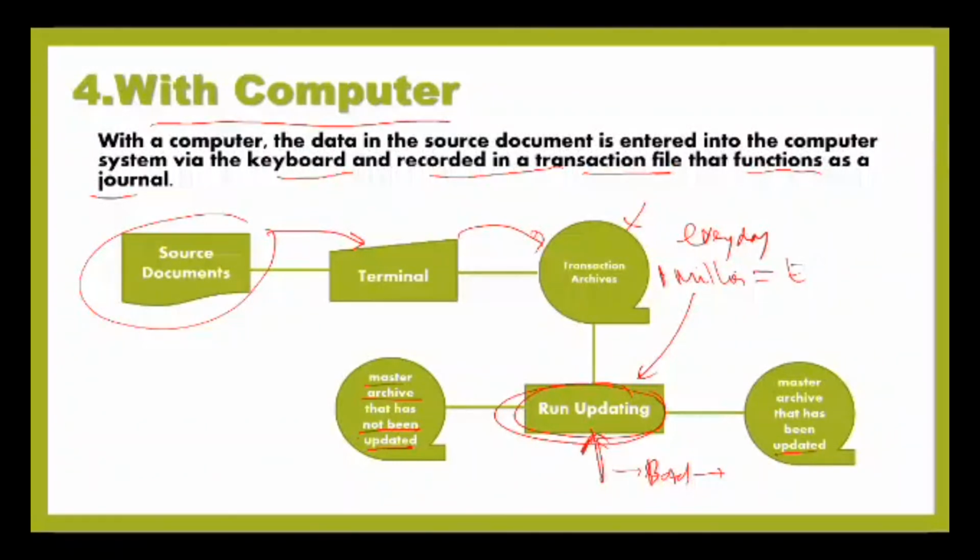A week would be about 7 million transactions, and sometimes the data is not processed. Not all the transactions are processed by the computer, so the computer has a limitation too.